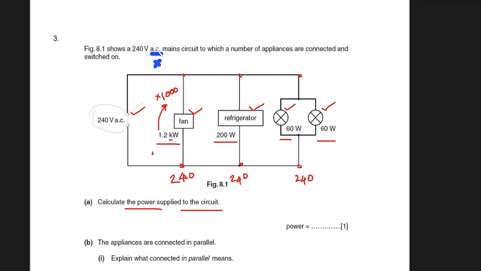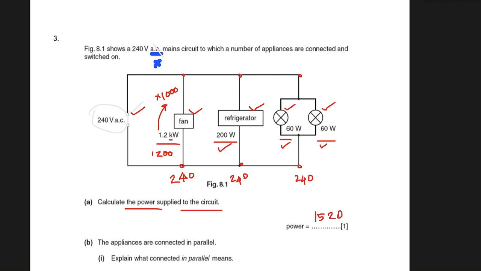So this one will be 1200 watts. So 1200 watts plus 200 watt is 1400 watt, plus 60 plus 60 is 120. So 1400 plus 120 is 1520 watts. So the first part of the question is very straightforward.